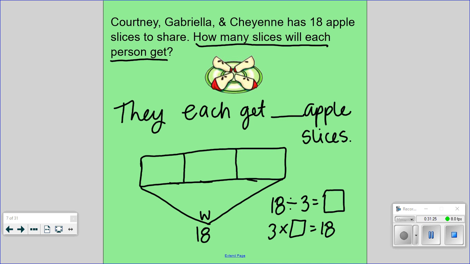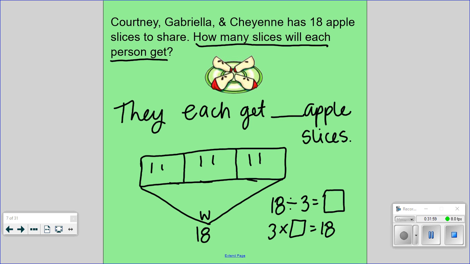So I want you to pretend you have your 18 slices. And we're going to deal them out by putting 1 in each box. Ready? We're just going to count on the whole time, so get your pencil ready. 1, 2, 3. Each girl has 1 slice, so we have not dumped out all the slices, so we're going to keep going. 4, 5, 6.